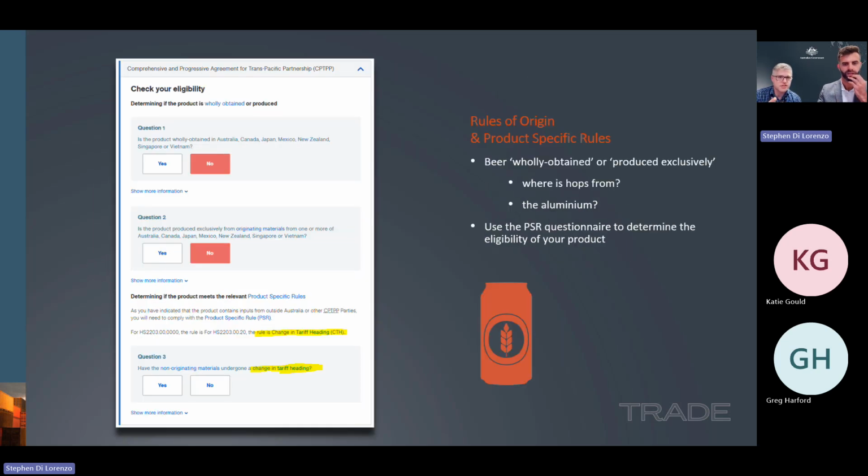We'll go to PSRs. So different FTAs have different rules. Some are very strict, some are more relaxed, and it's about how made in Australia something needs to be to qualify, to make sure we're just not importing something from China, whacking a made in Australia sticker on it and exporting it to somewhere else. So that kind of shadow trade is something that free trade agreements are designed not to allow.